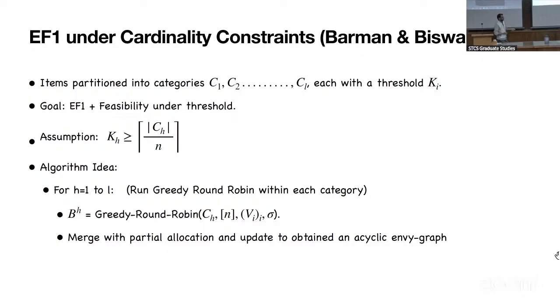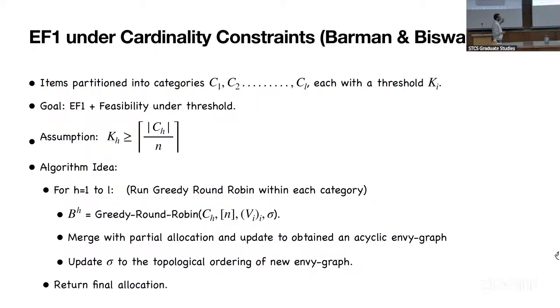From that, we get an acyclic envy graph, and then we have a topological order. Using this topological order, we go to the second category and run the greedy round robin again. So basically we go one by one through the categories, and in between we are removing the envy cycles.